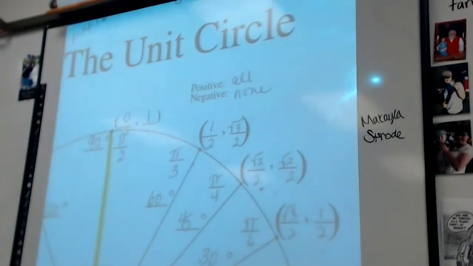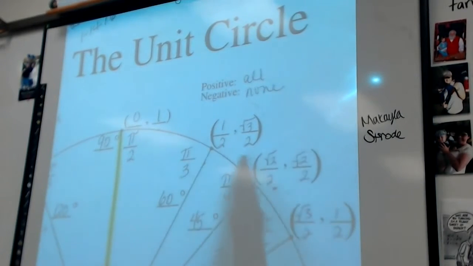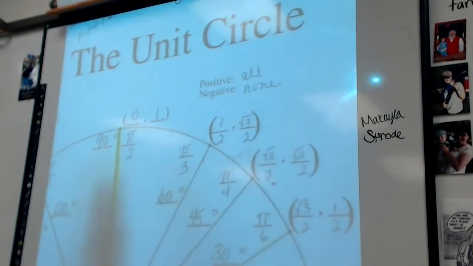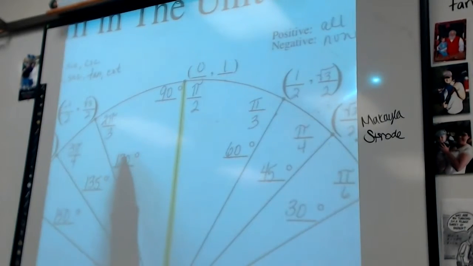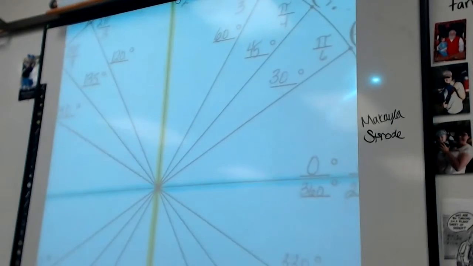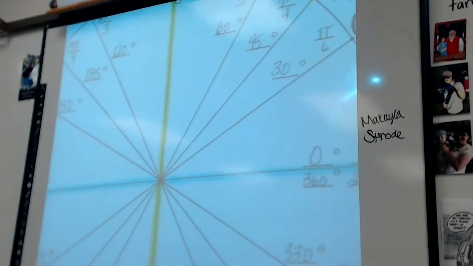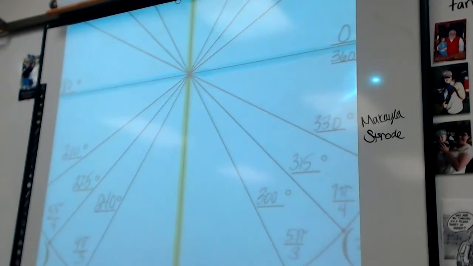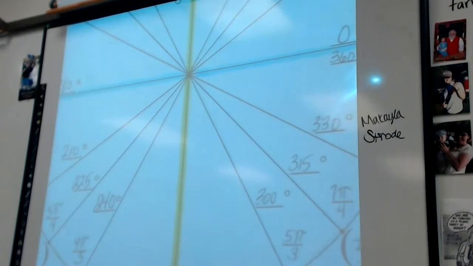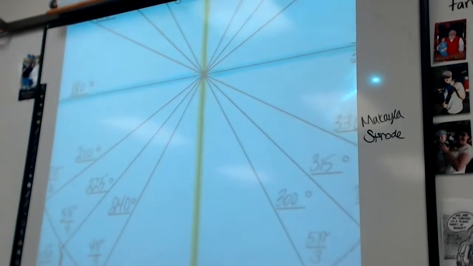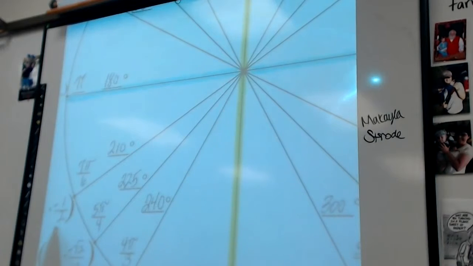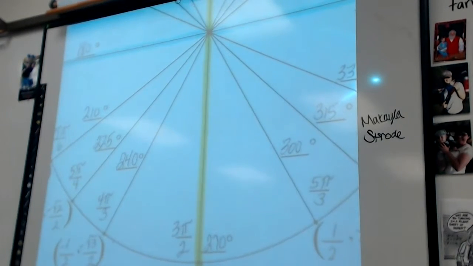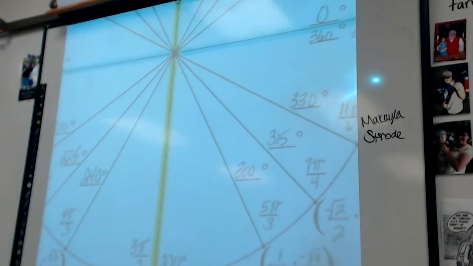Pi over 3. 2 pi over 3. Yep. And 7 pi over 6? No, we're looking at the y value. Oh, that's the x. 4 pi over 3, and there's one more in the fourth quadrant, 5 pi over 3.